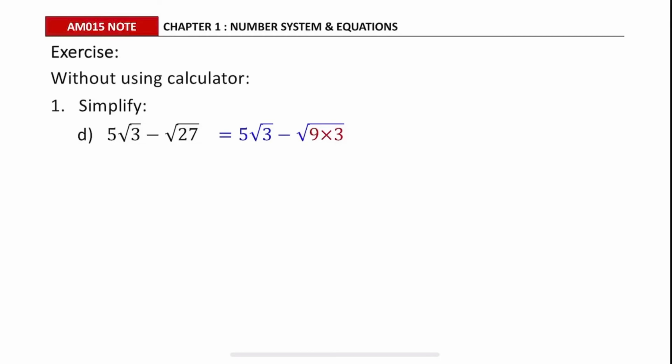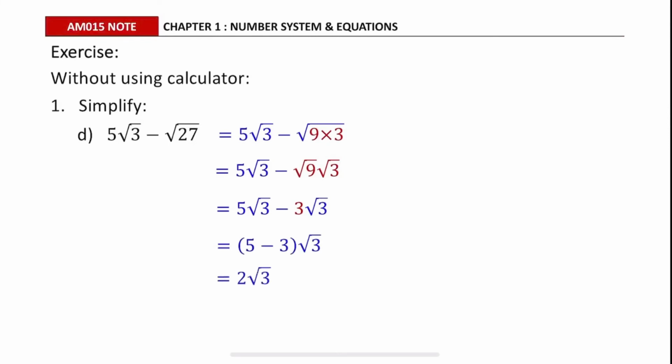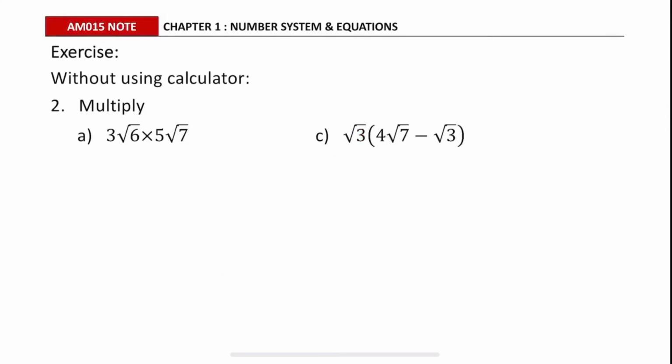Then split it into two surds and simplify the square root of 9 to 3. Now, both terms are in terms of the square root of 3, so we can subtract and get the answer 2 square root of 3.